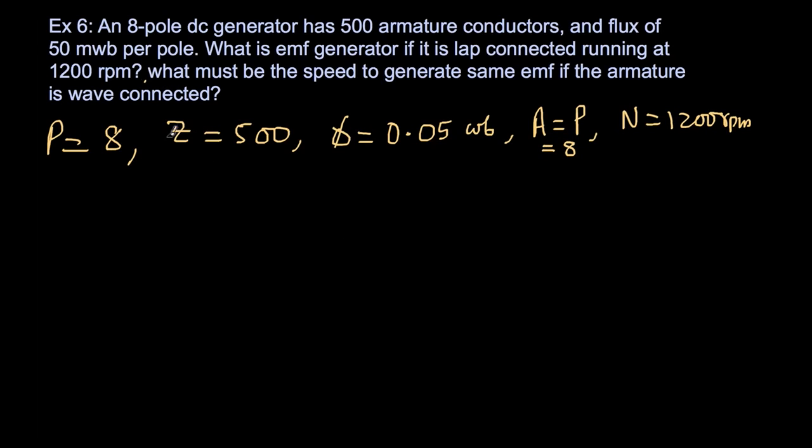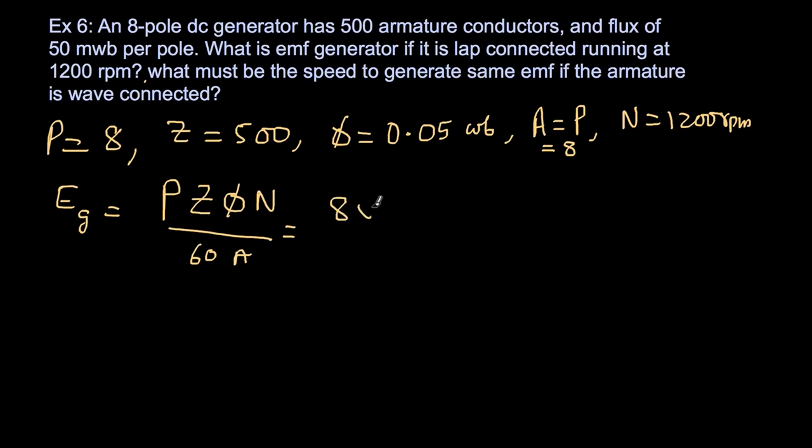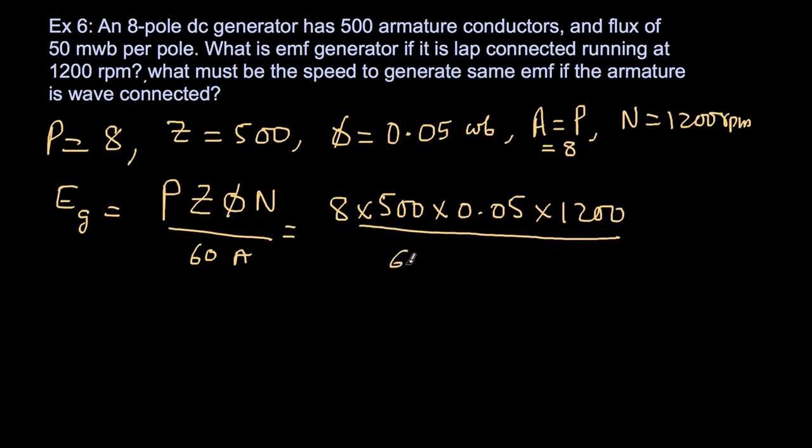Up to here I'll solve it. It is easy. Obviously it should be proportional to P, to Z, to phi, and to N, and 60 A will be in the denominator. So 8 into 500 into 0.05 into 1200 divided by 60 into A, which is again 8.